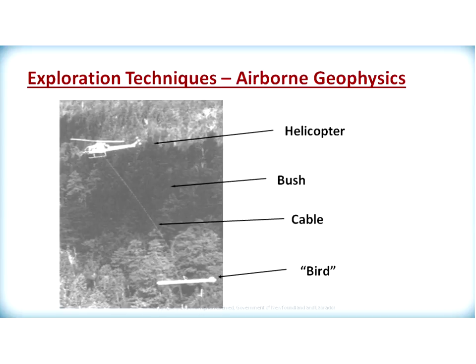The following picture outlines an exploration technique that is conducted by airborne geophysics. Here, a helicopter flying over an area of bush has a bird, which could be some instrument used to do an airborne survey. In this case, it may be a magnetometer, which determines the magnetic field in the Earth's surface.